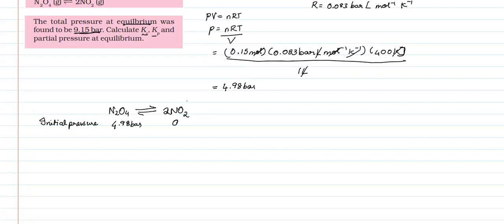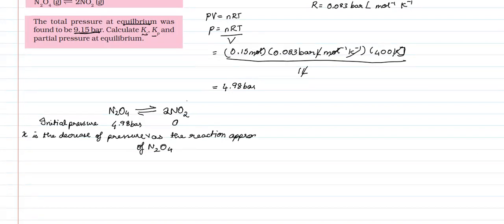Let's assume that X is the decrease of pressure of N2O4 as the reaction approaches equilibrium.